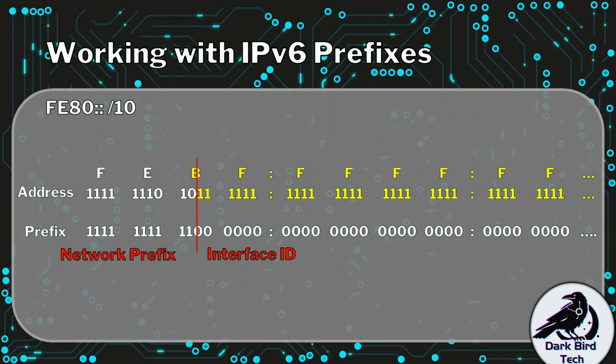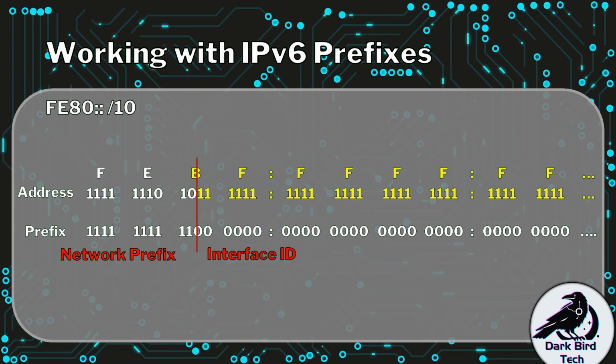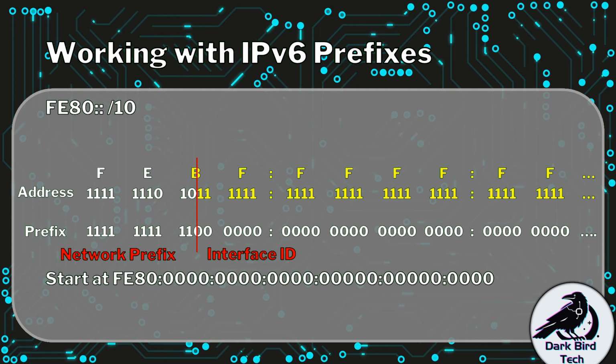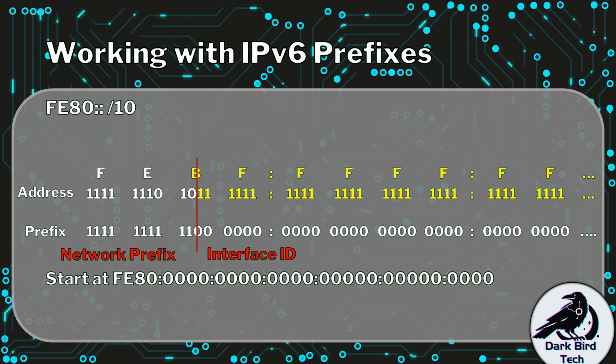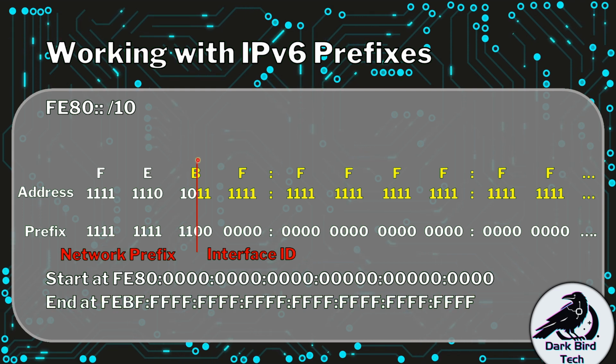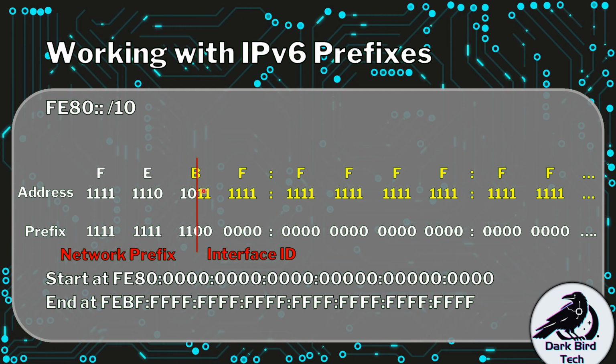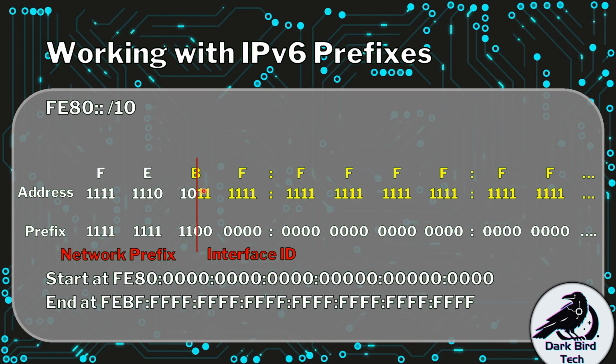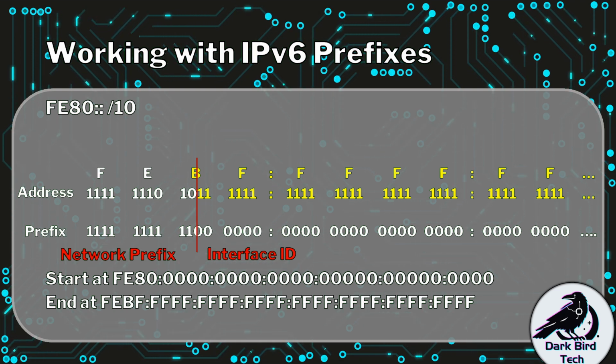So that means that the link local address is going to be starting at FE80, with the rest of the address being zeros, but it'll be ending at FEBF, because those two zeros became ones. Therefore, 1011 is B in hexadecimal.